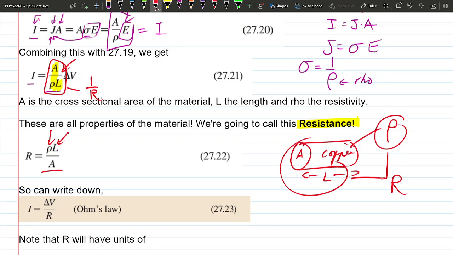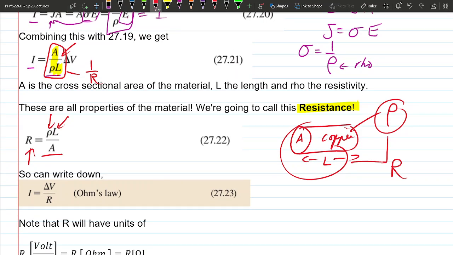But knowing the resistivity, the length, and how thick the cable is, basically the cross-sectional area, I can calculate the resistance of it. And once I have the resistance, I can replace this thing with 1 over R, and therefore come up with this idea known as Ohm's law, where I don't actually like the way that the book writes it.